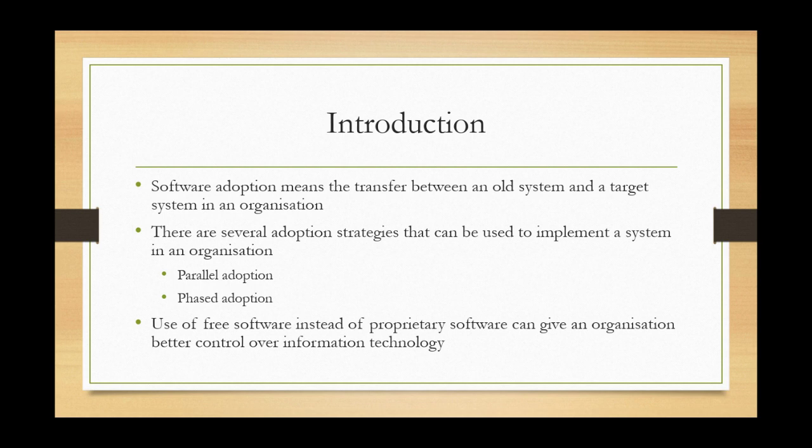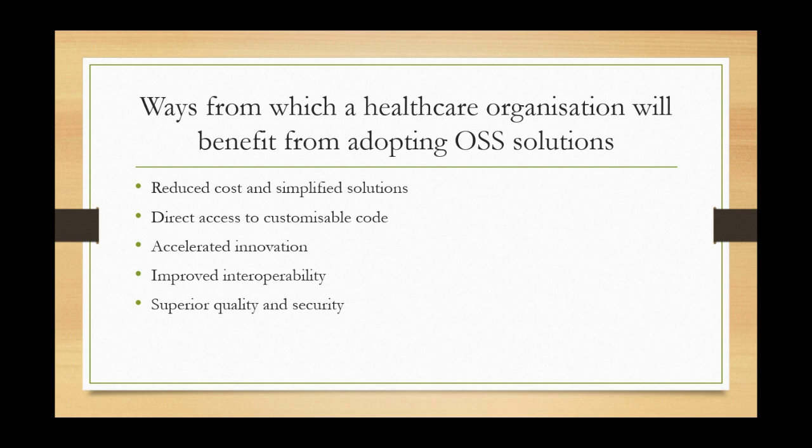So adoption of open source software for healthcare organizations is an important thing to do, and you as an open source specialist or health information system specialist have to equip yourself with a lot of knowledge so that you can go to healthcare organizations and convince them to adopt open source solutions so that they can efficiently operate their functionalities.